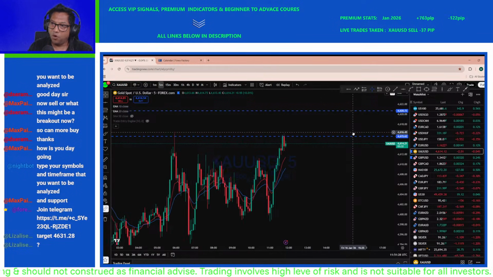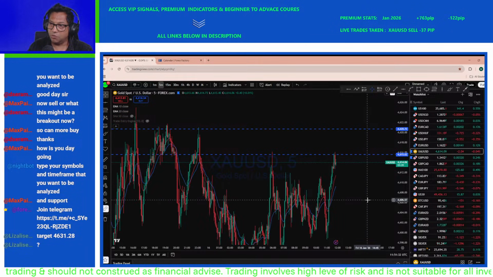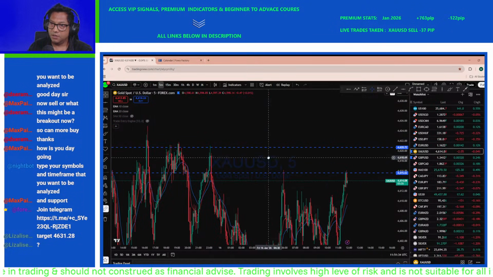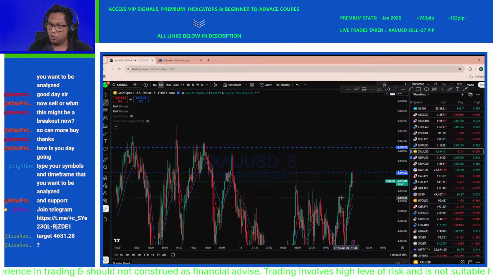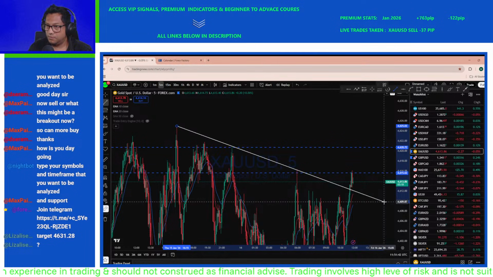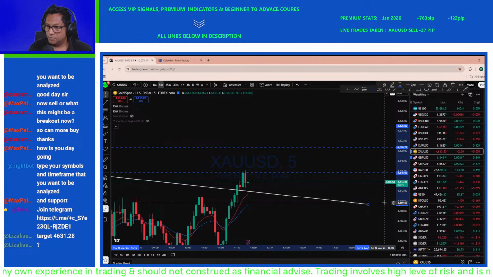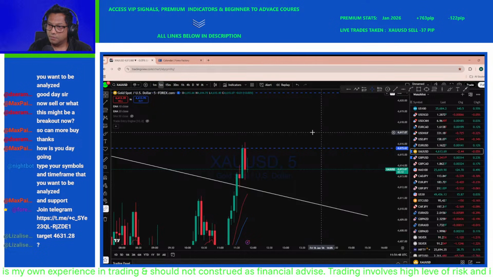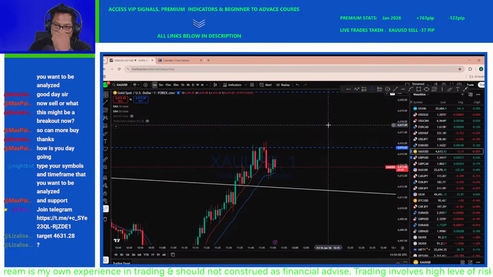At this point, it formed a double top here, this one here, right? So this double top is first of all a break of the series of lower highs here.